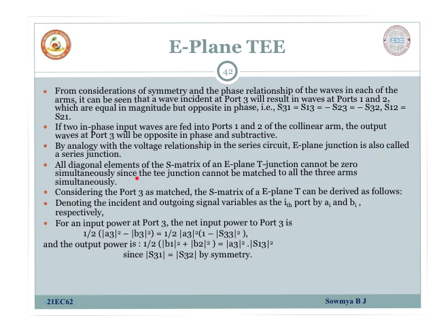Now, coming to the next property, all diagonal elements of the S matrix of the E-plane T junction cannot be 0 simultaneously, since the T junction cannot be matched to all the 3 arms simultaneously. This is very important, because we cannot do perfect matching for all the 3 ports simultaneously.